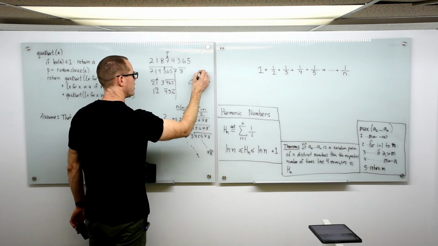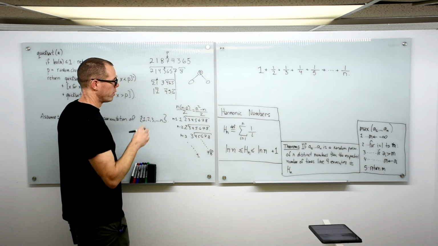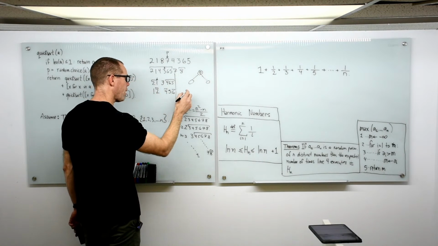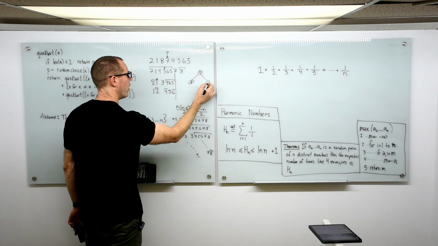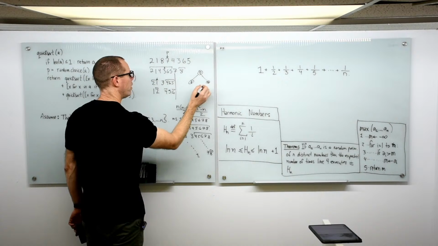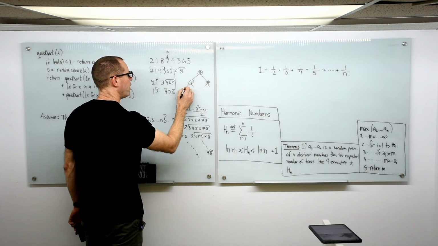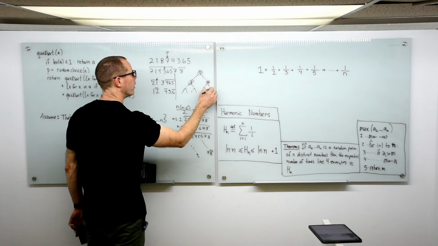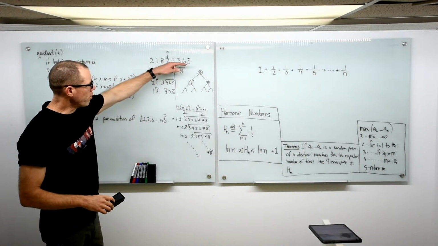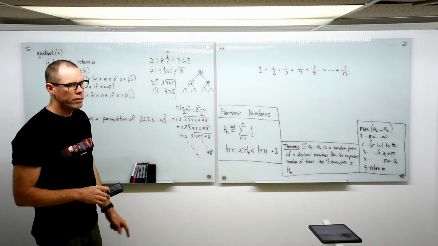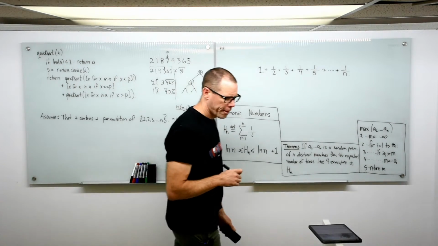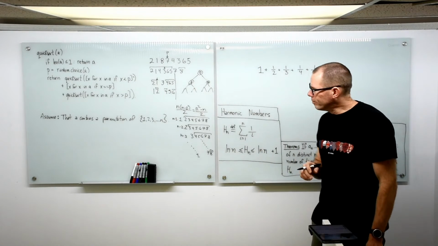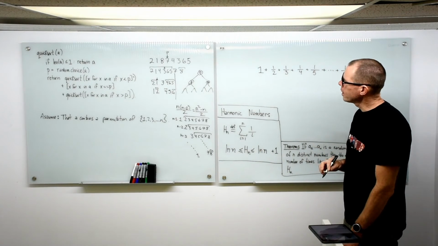You have something like n over 2 in the middle, maybe there's a floor or a ceiling, and then n over 4 here, and 3n over 4 here, and you get something that looks like the merge sort recurrence, which solves to n log n.